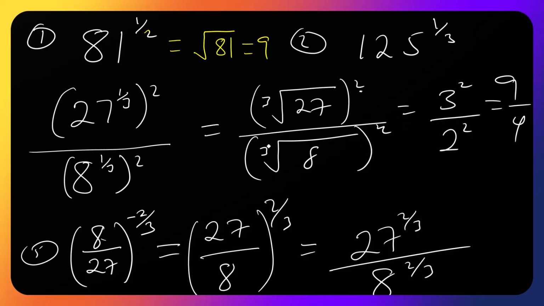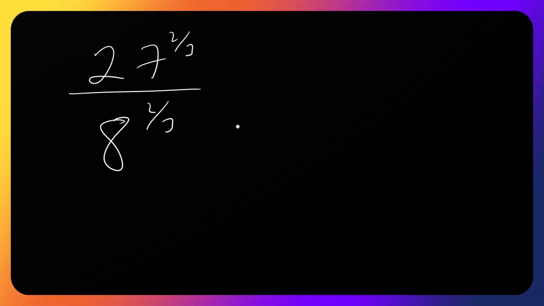Now, same question, if you don't go by the fraction index approach, let's look at the other method. Let's start from here, 27 on 8. This side is 3. Look for a number to the power of 3 that will give us 27. Of course, it's 3. 3 to the power of 3 times 2 on 3.